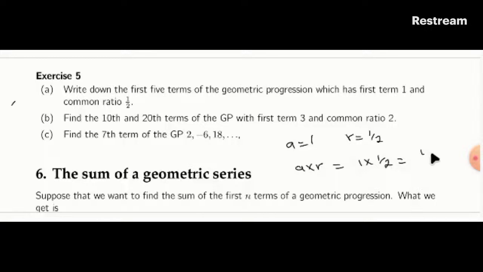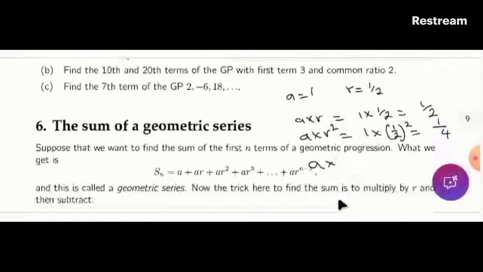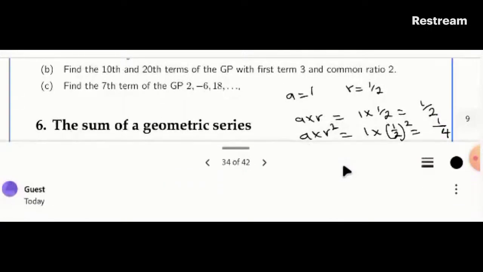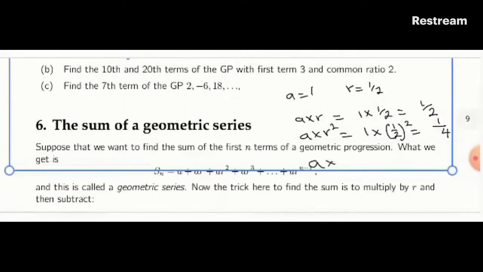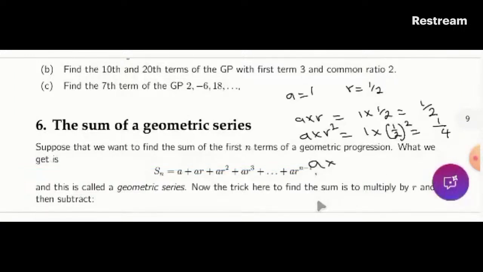This is just 1 all over 2. The next one is going to be a multiplied by r squared, which is 1 multiplied by 1 all over 2 all squared. This is going to give us 1 multiplied by 1 all over 4, right? The next one is going to be a multiplied by r raised to power 3. Then it's going to be the same way continuously.